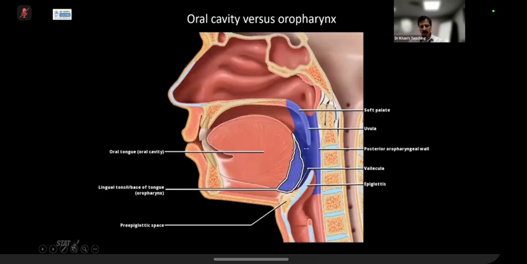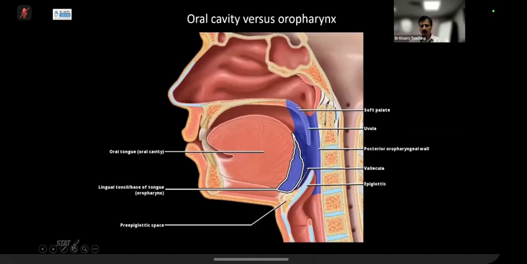So if you see here, now we have to concentrate on how to differentiate between the oral cavity and the oropharynx. Whatever is blue here is the oropharynx. So what are the boundaries? This is the hard palate, this is the soft palate.